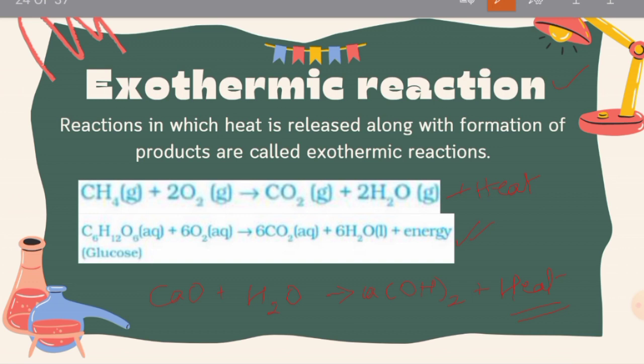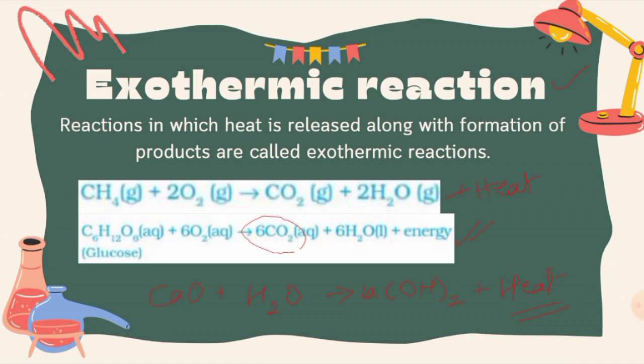Whenever you are having food, this food gets mixed with oxygen, since we breathe oxygen, and we breathe out carbon dioxide, that is the product, and water is released and energy, that is heat, is also liberated. So this is our respiration reaction. I hope exothermic reaction is clear to you.